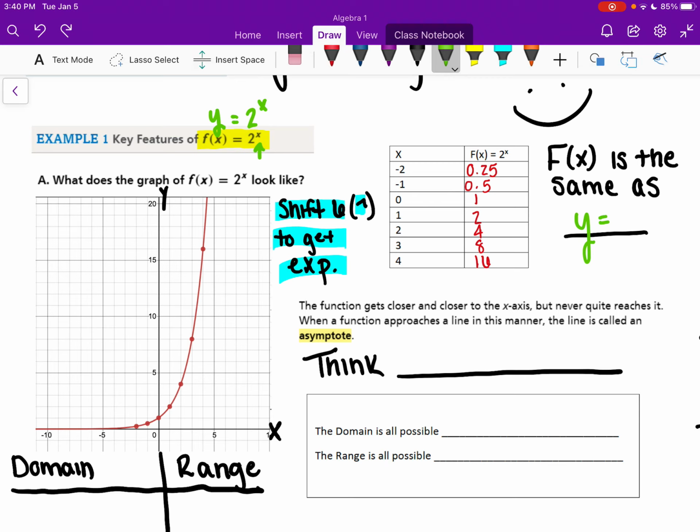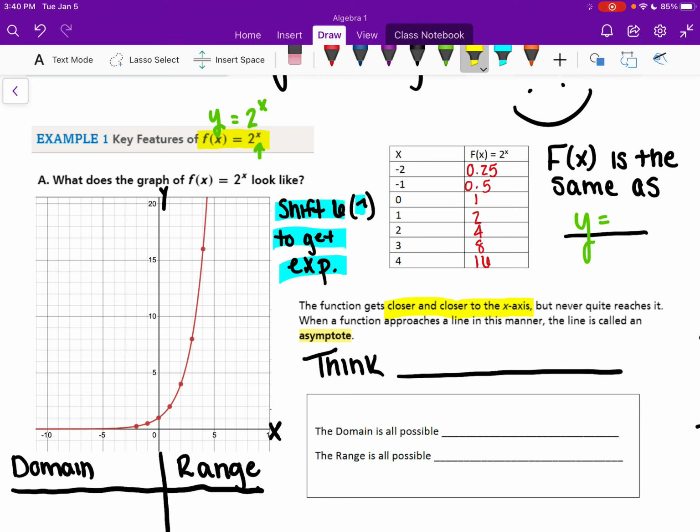If we look at our x-axis, and I'm going to highlight it down here in blue, that horizontal x-axis, it looks like the function is touching it. It looks like we are touching the x-axis and then we start to shoot up. Well, what's actually happening here is the line is getting closer and closer to the x-axis, but it's actually never touching it.